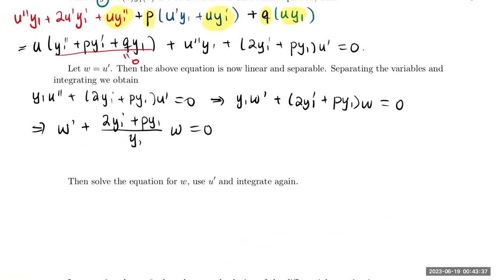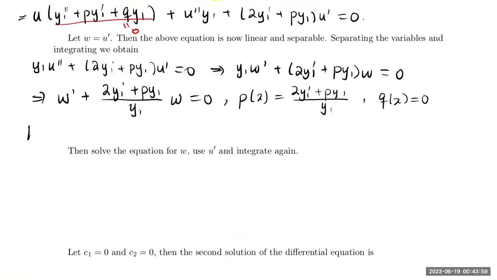So that means, since our p here is going to be 2y1 prime plus py1 divided by y1, and our q of x is equal to 0, then our integrating factor is going to be mu of x, which is going to be e to the power of negative the integral of p, so 2y1 prime plus py1 divided by y1, dx here.